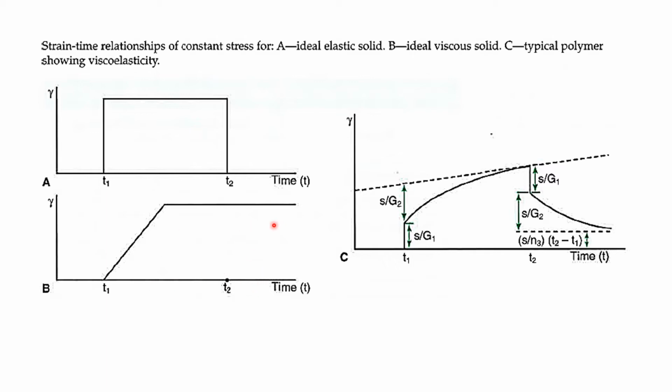The viscous solid, stress, and the time. Here is the strain and the time. And here is a typical polymer, and this is your viscoelasticity. You can see this is your strain, and this is your time. You can't make a lot of meaning out of it, right?